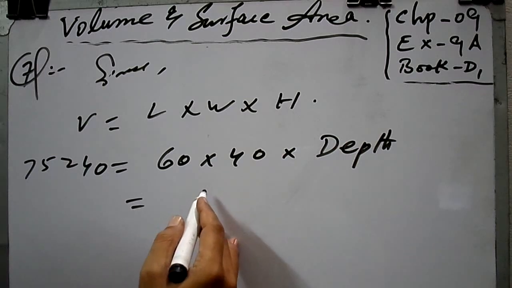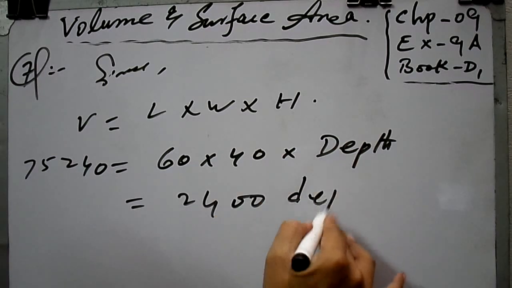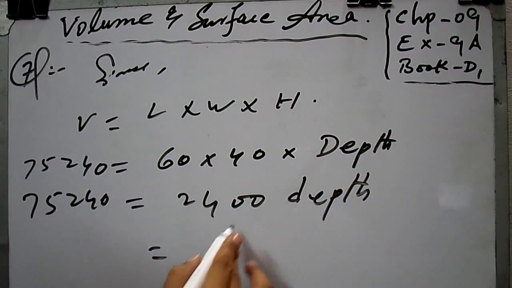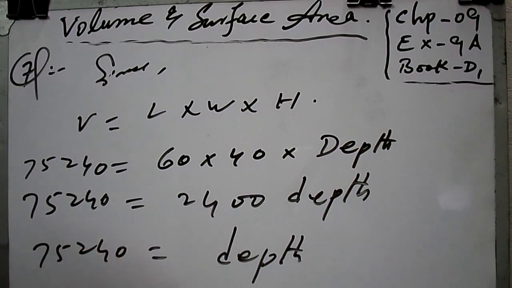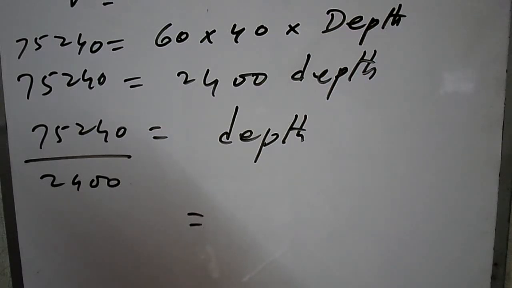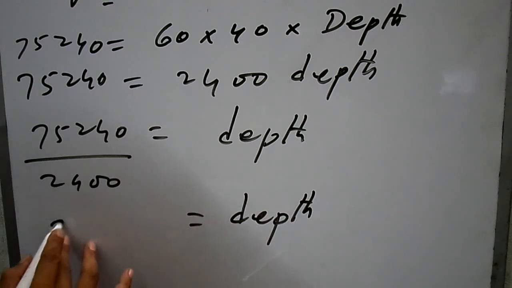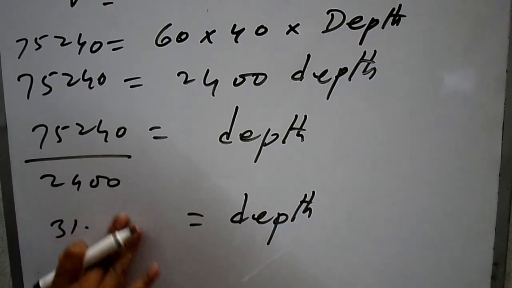So you need the depth, so divide 75240 by 2400, and you will get the depth, that is 31.35, which is your required result.